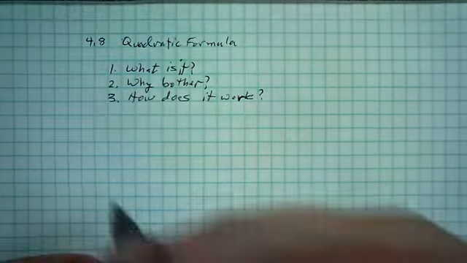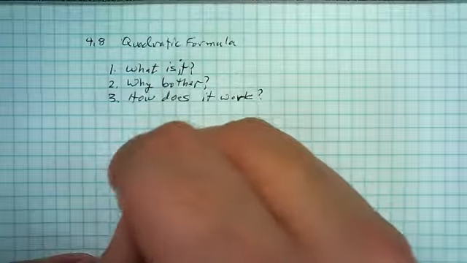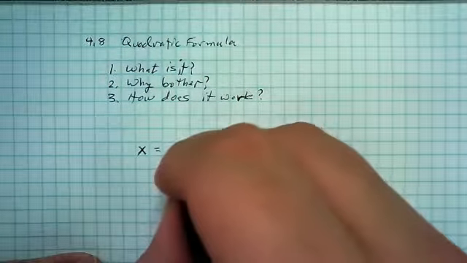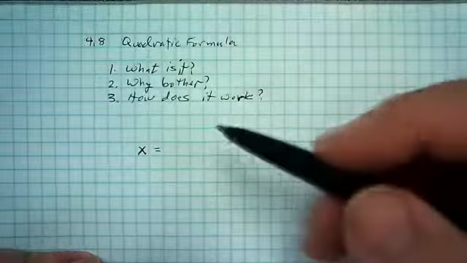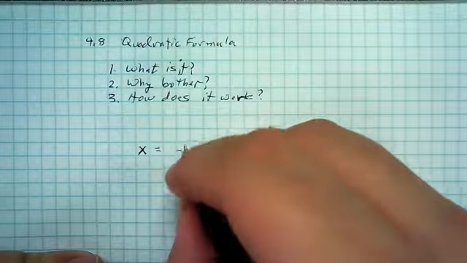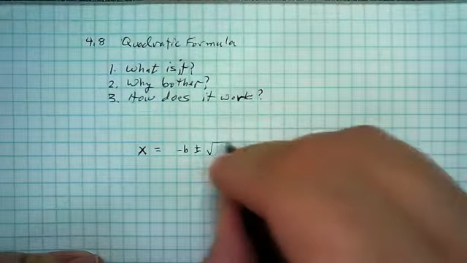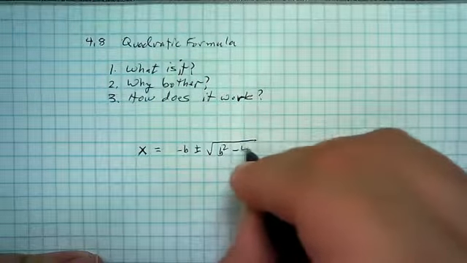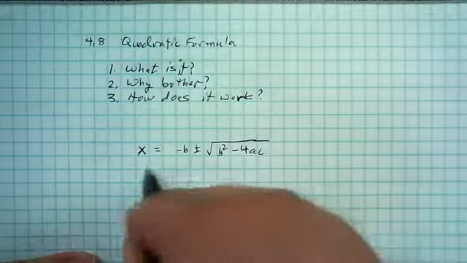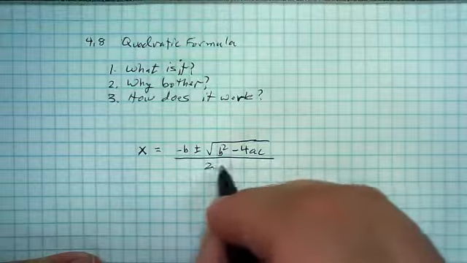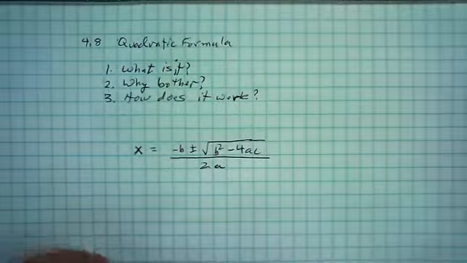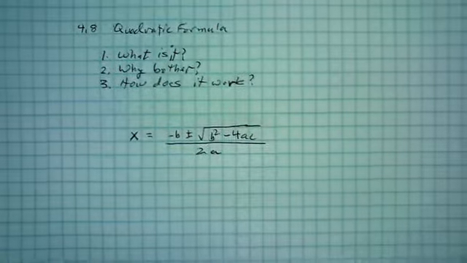The quadratic formula is a formula that gives us a solution to any quadratic equation. The formula says that x equals the opposite of b plus or minus the square root of b squared minus 4ac all over 2a, which is a big mess of letters with only a couple numbers in there.